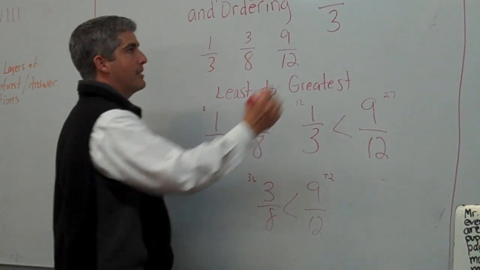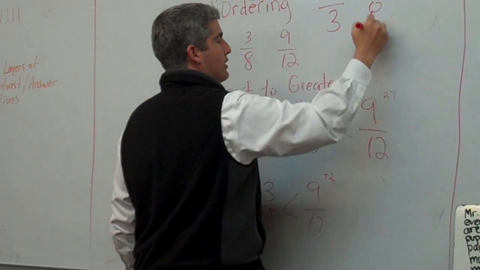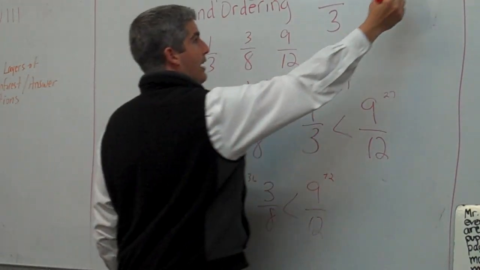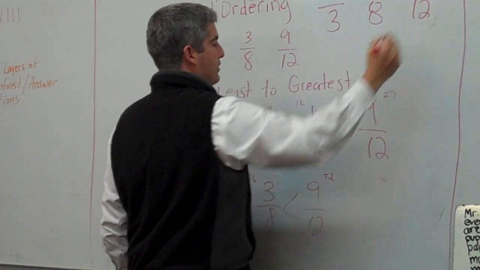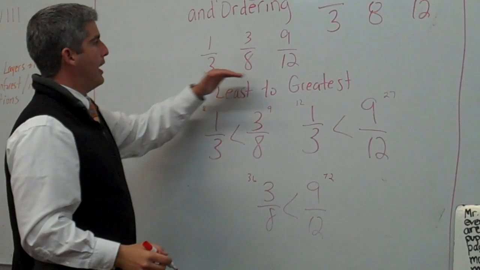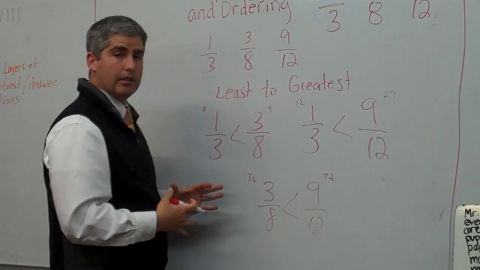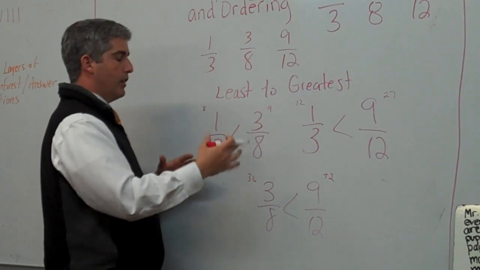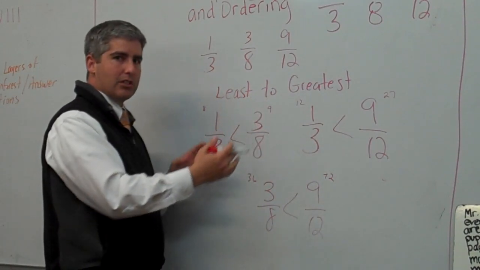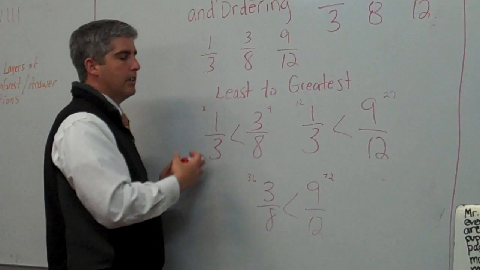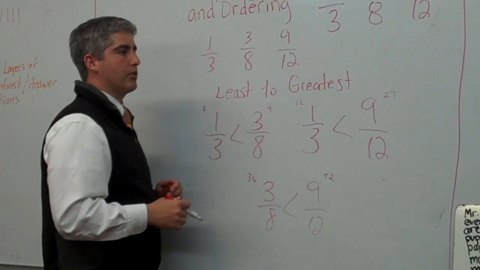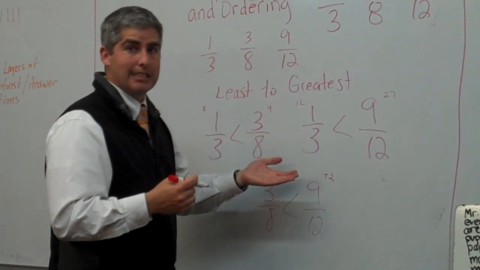So therefore, 3/8 is our second fraction in order from least to greatest. And then finally, of course, we have 9/12. So when you have a group of 3 or 4 or 5 fractions, what you want to do is compare them all. Then by looking at the comparisons, you're able to determine which one is the smallest or least, the one that's next, and so on until you get to the greatest. And the same is true if you go greatest to least.